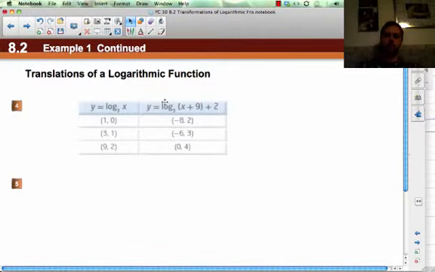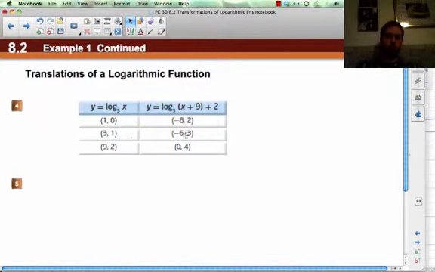Okay, so here's some points that I've chosen. You can verify that these work in here. So 3 to the 0 equals 1. 3 to the 1 equals 3. 3 to the 2 equals 9. Okay? And then we've translated all those. So we just take x minus 9 and y plus 2.